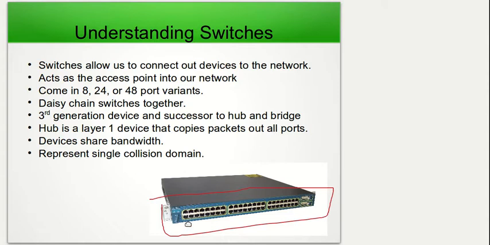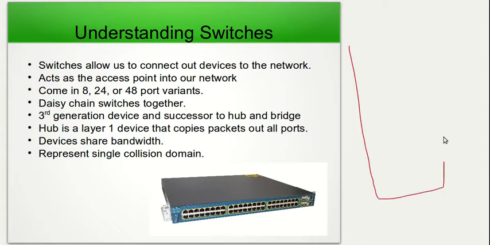All the devices that connect to this switch will be part of the same local area network, and they will be able to communicate with one another. The switch itself acts as an access point into our network. It's essentially the access device which allows us into our network.